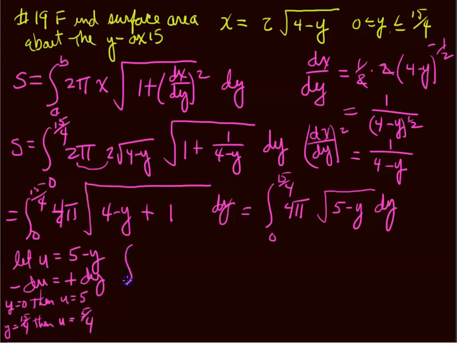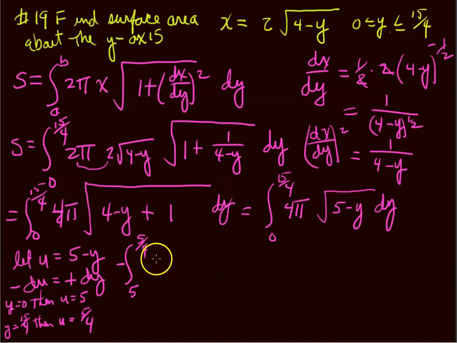This is going to be the integral from the 0, which is 5, to the 15/4, which is now 5/4, of u, but we need the negative du, so I'm going to put a negative out front. Then it's u to the 1/2.